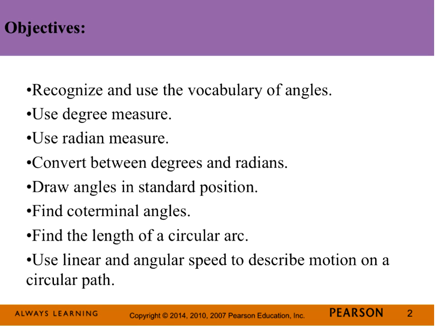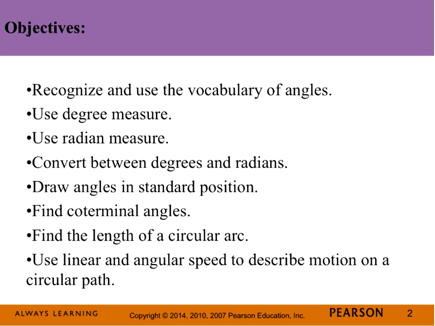Okay, so the objectives here: we're going to talk about the parts of an angle and get some vocabulary down so that it doesn't sound like I'm speaking a complete foreign language to you for the rest of the lesson. We'll start out with degrees, because that's what most of us are familiar with for a circle and angle measure. Then we'll move into radian measure, converting between the two.